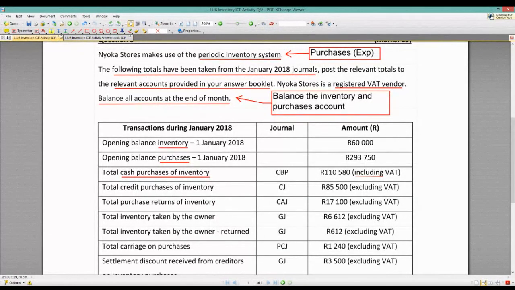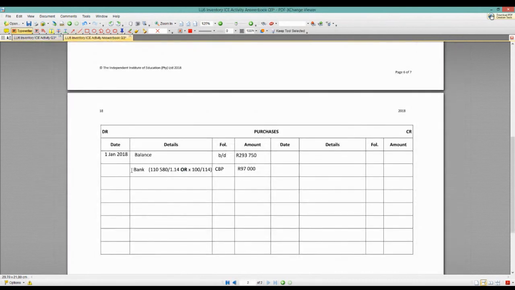Credit purchases of inventory. Okay, so now we purchased it on credit, purchases CJ, and this is excluding VAT, so I can take the amount as is to our account. Now, when we buy something on credit, the main account would be creditors control. Our folio number is CJ.